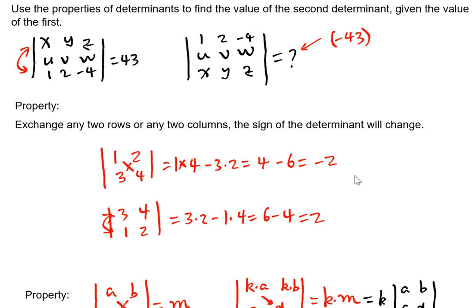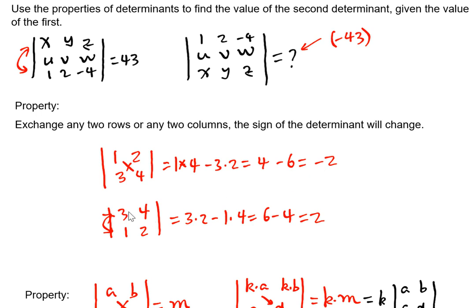Why is this the case? Here is not a proof, but it is an example. This is a very simple determinant of a 2 by 2 matrix, 2 rows, 2 columns. When we do the determinant, we know it is 1 times 4 subtract 3 times 2, which is 4 minus 6, which is -2.